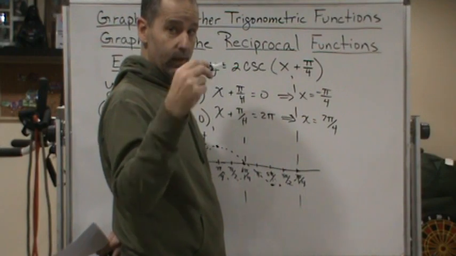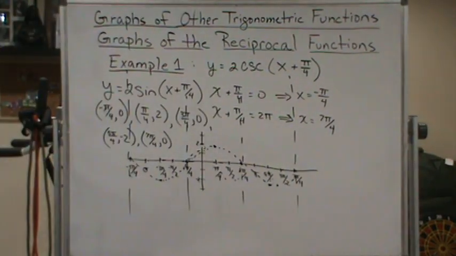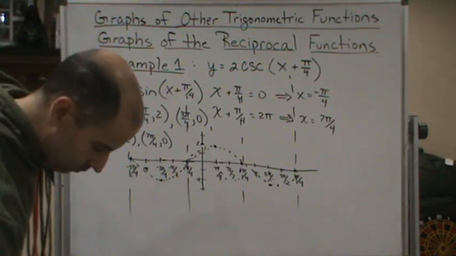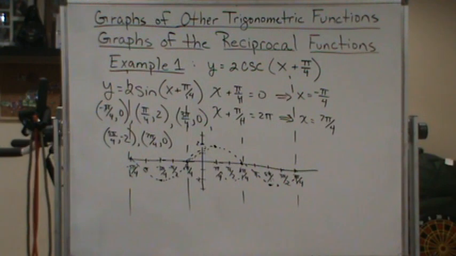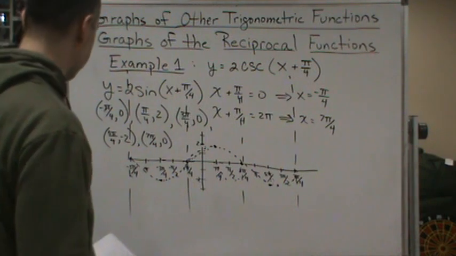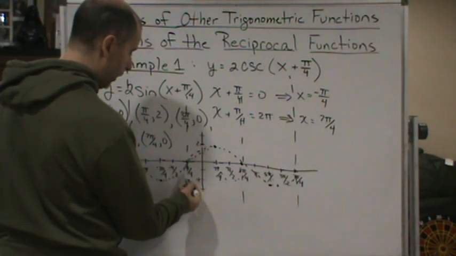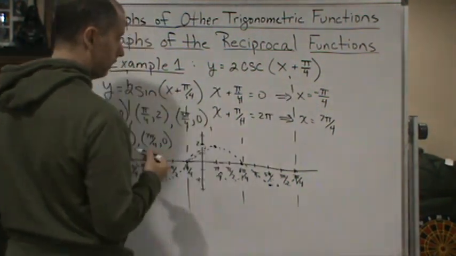Sine is odd, right? So as we're getting closer and closer to negative pi over 4, this is going to positive infinity.